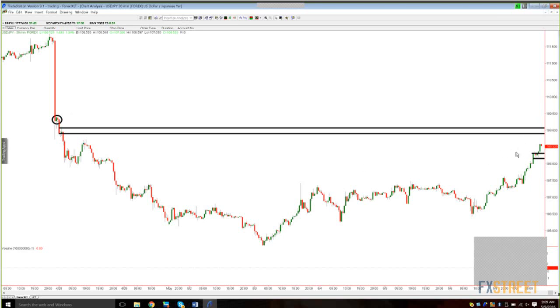So not a ton of room between these levels, maybe offering a little more than, I don't know, 2 to 1. Sorry about that. So this is small time frame stuff, and that's really what we have.